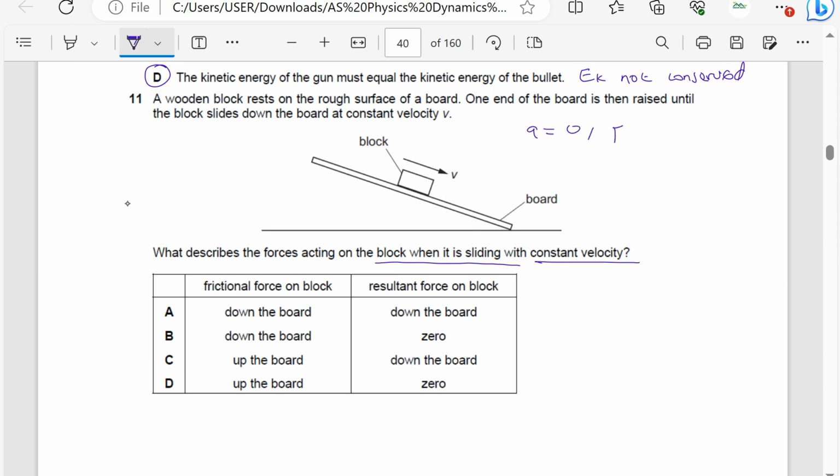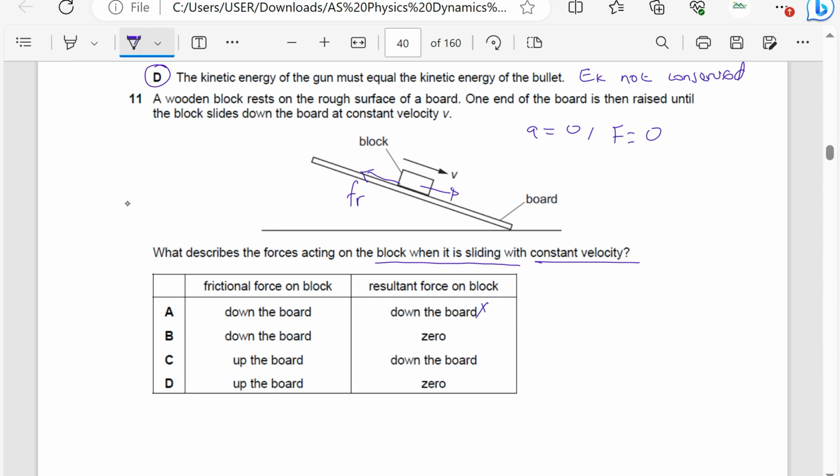If acceleration is 0, the resultant force is 0. So if it is sliding, we have a force downwards and a friction force in the opposite direction, which makes the resultant 0.